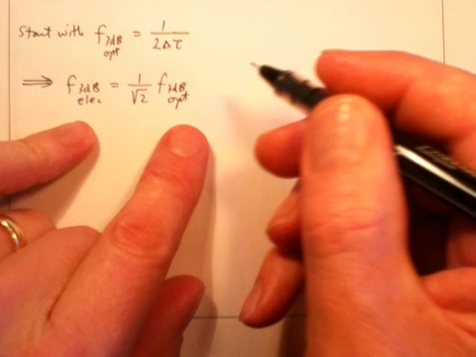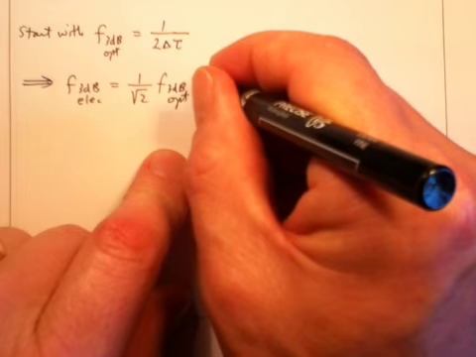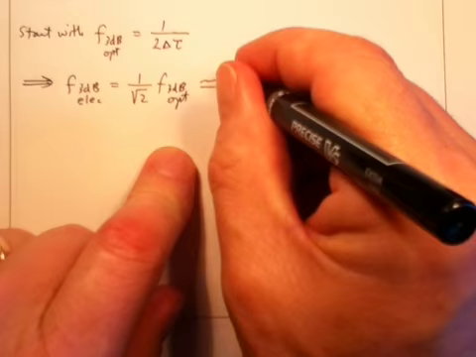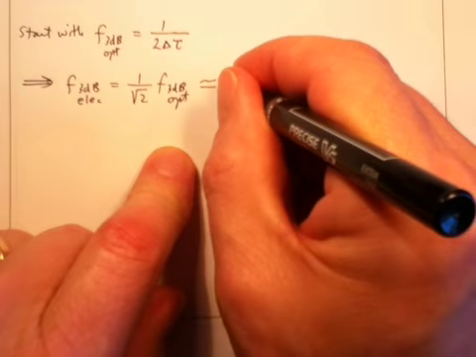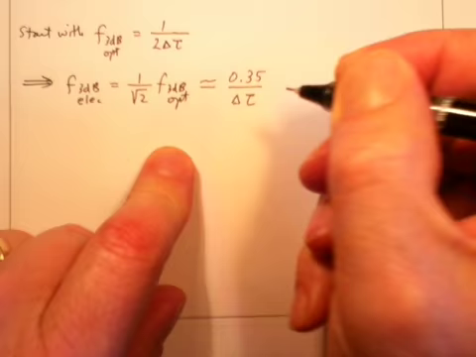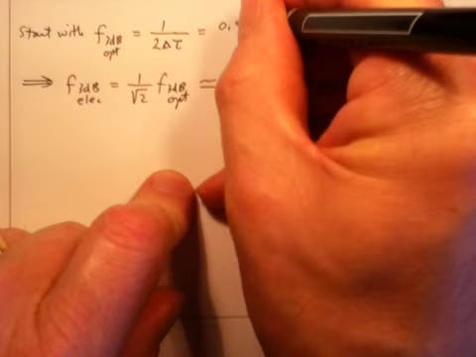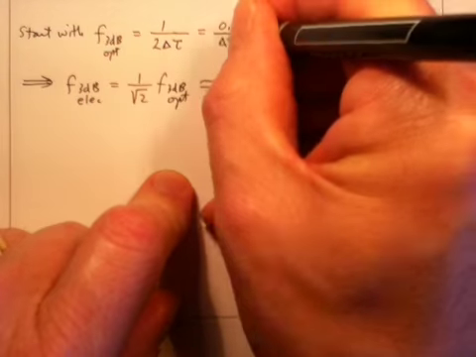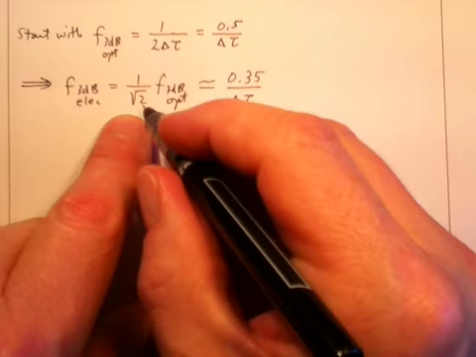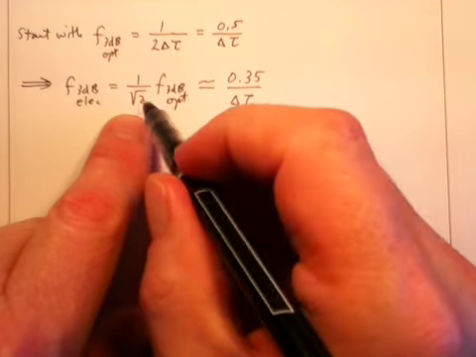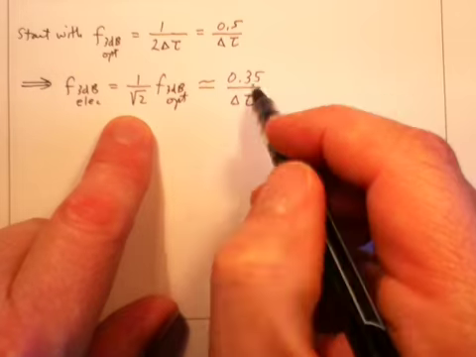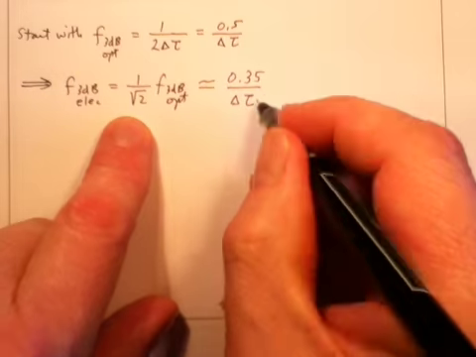And so this is essentially 0.35 over delta tau. This was 0.5 over delta tau, and 1 over the square root of 2 is 0.707. 0.7 times 0.5 is 0.35. So that's where this equation comes from.